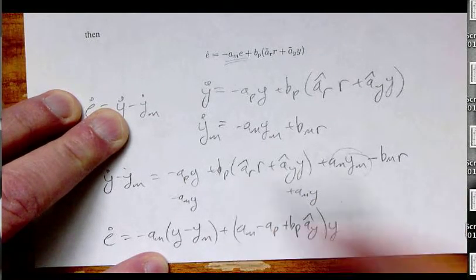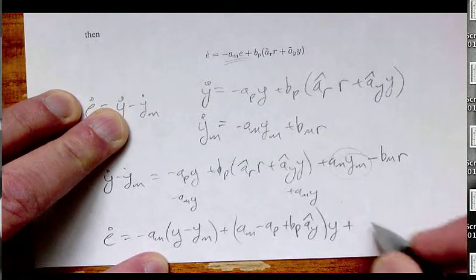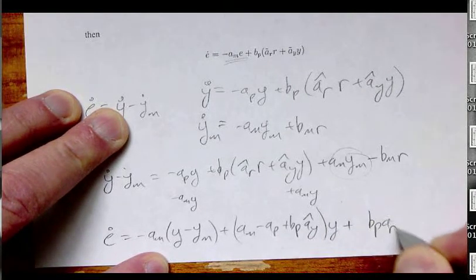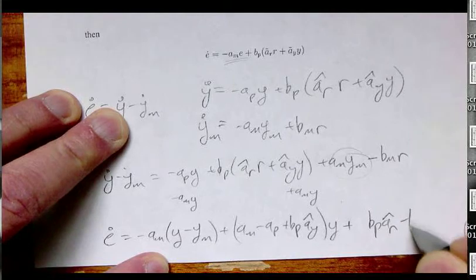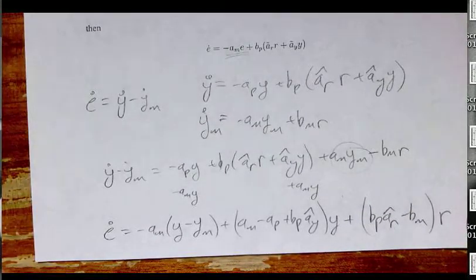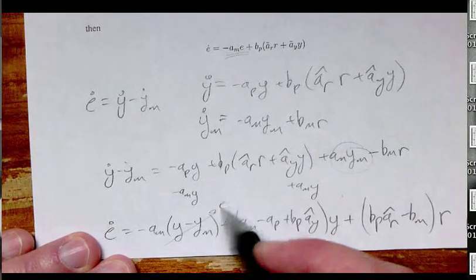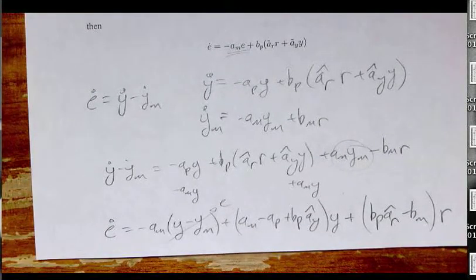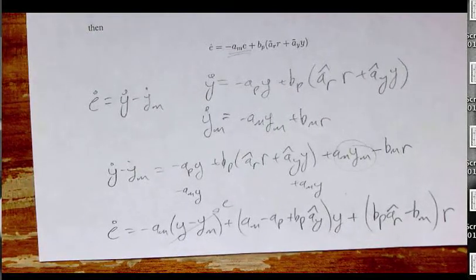And then I have two terms that multiply R, so that's plus a BP AR hat minus a BM times R. And so I could rewrite this as just E, and I have my first term the way that I like it. And so the next step is going to be to substitute in for AR hat and AY hat. So let's go back up.